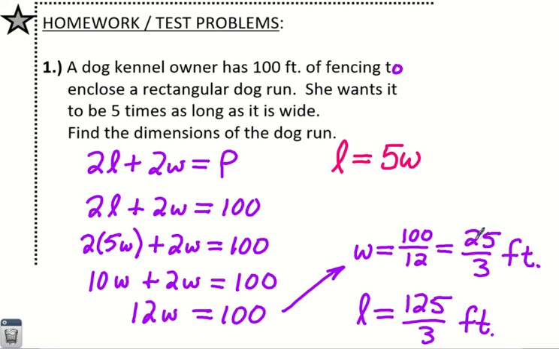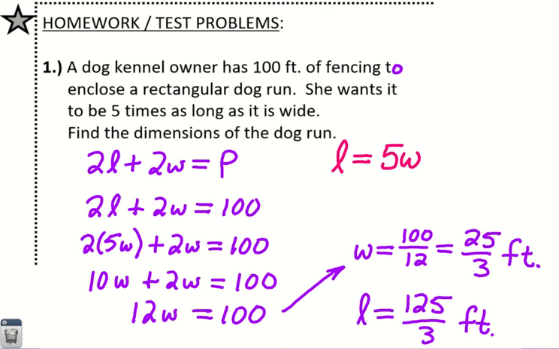5/1. So we're really only multiplying 5 to the numerator to get 125 thirds feet, which is like 41 2/3 feet, whatever. But yeah, usually you want to go with exact answers. I'm not saying it's not possible.